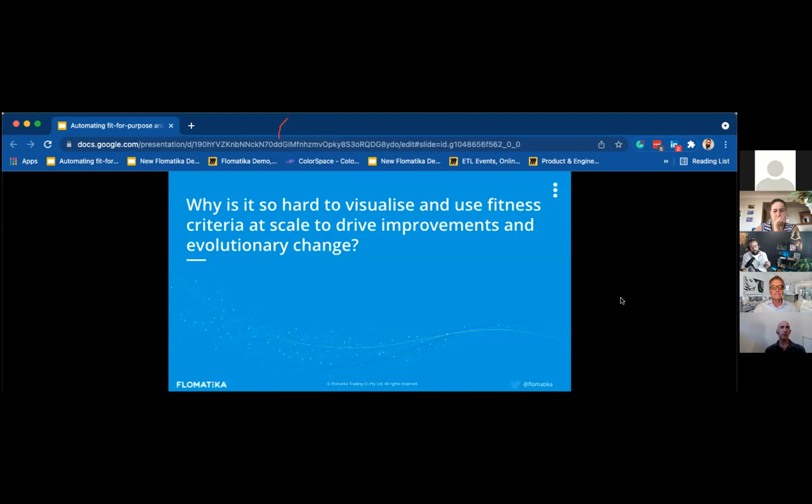I'll bring that conversation up, because I think that's the main course of this conversation. Why is it so hard? Now that we understand this, why is it so hard to visualize that at scale and use it to drive improvements and evolutionary change in organizations? We said that fitness criteria are what customers use to evaluate whether your service delivery is fit for purpose.